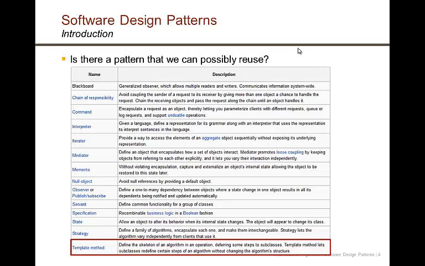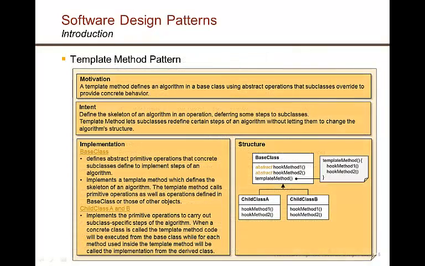So the template method pattern, the one that is highlighted here on the slide, says that it matches problems that match the following problem description: define the skeleton of an algorithm in an operation, deferring some steps to subclasses. Template method lets subclasses redefine certain steps of an algorithm without changing the algorithm's structure. Well, to me this sounds like, well, quite perfectly fitting our actual problem.